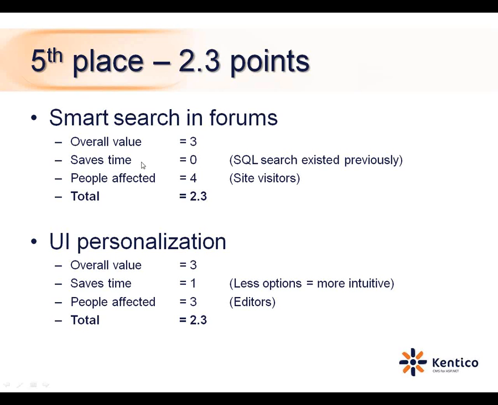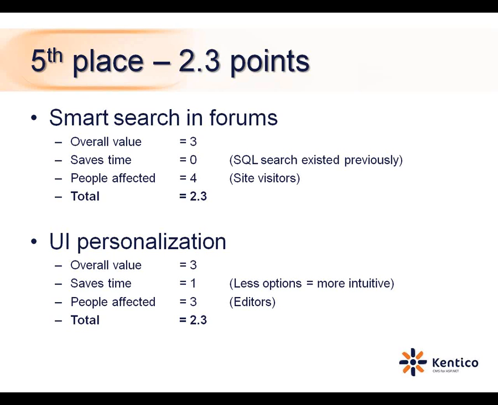And the first one is smart search in forums. As you can see, it isn't really something that would save you time, because previously there was SQL search, which you could use to search in forums. So the feature was available, but just wasn't that advanced.